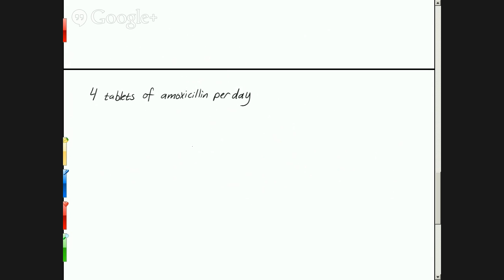And each tablet is going to be 250 milligrams. But here's the question. Oh, and we're going to take this for 10 days. All right, 10 days of antibiotics, 4 tablets a day, 250 milligrams per tablet.